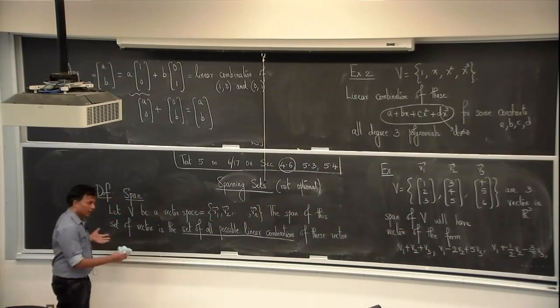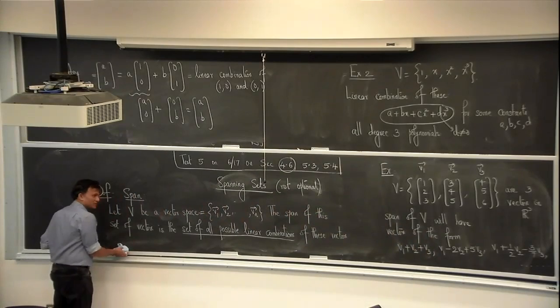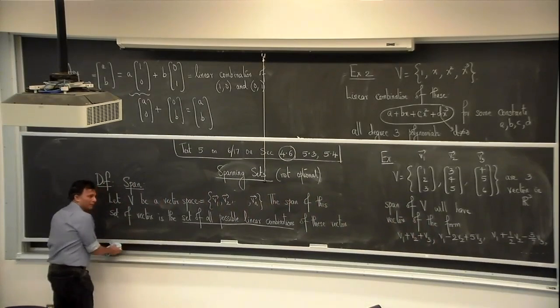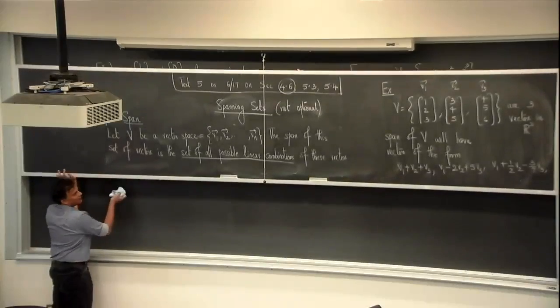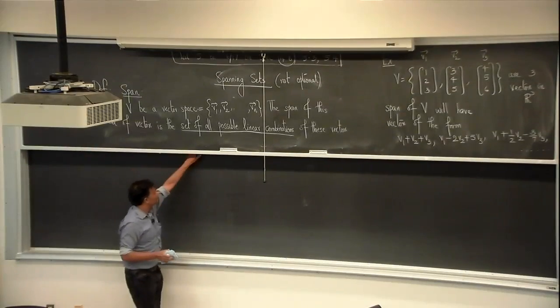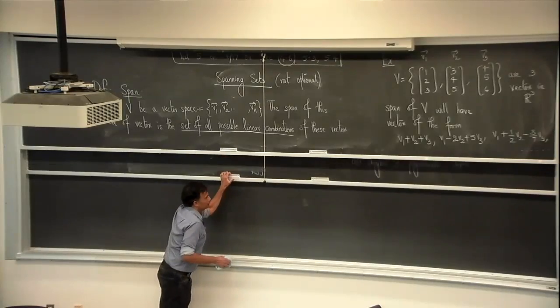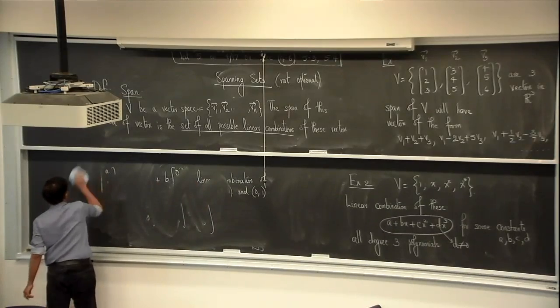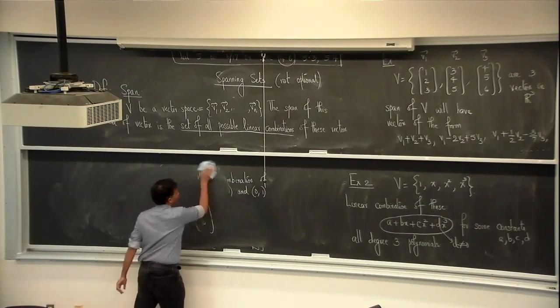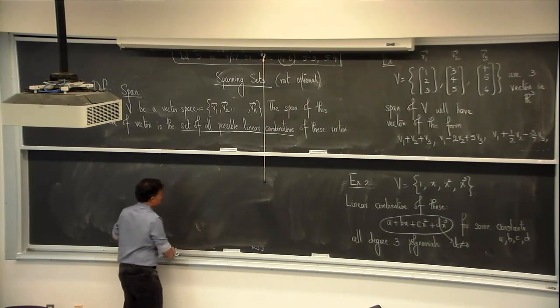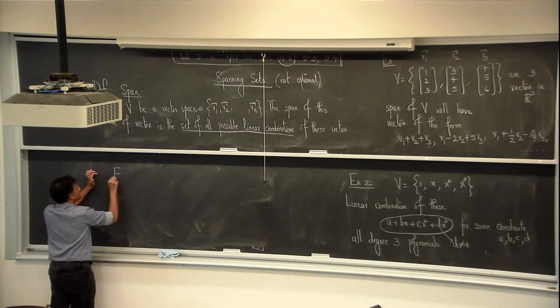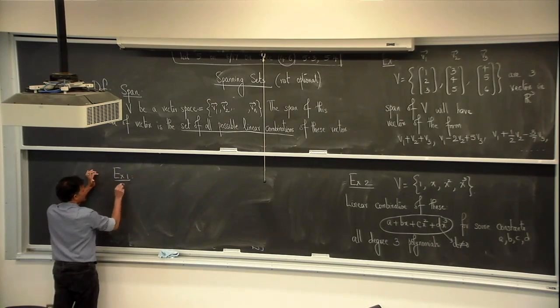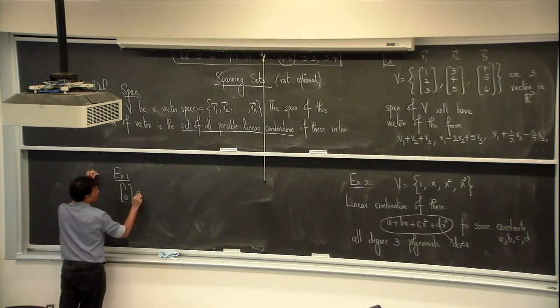Now this is useful because now we can start communicating things in a more efficient way mathematically. So example 1, the vectors (1, 0) and (0, 1).